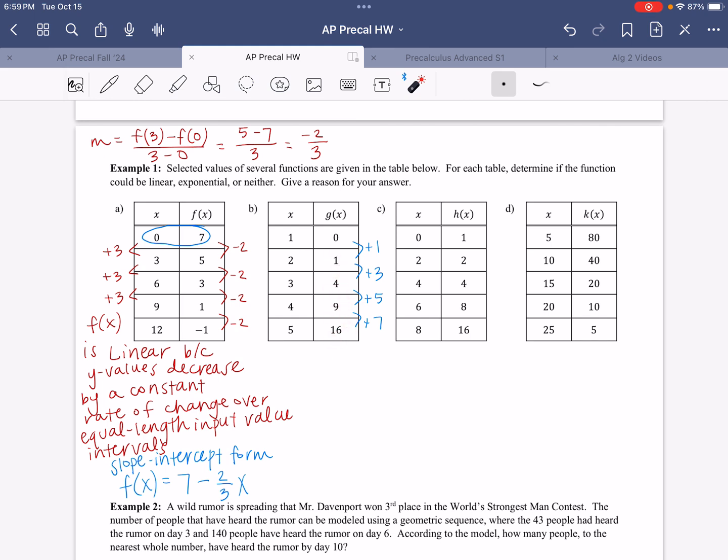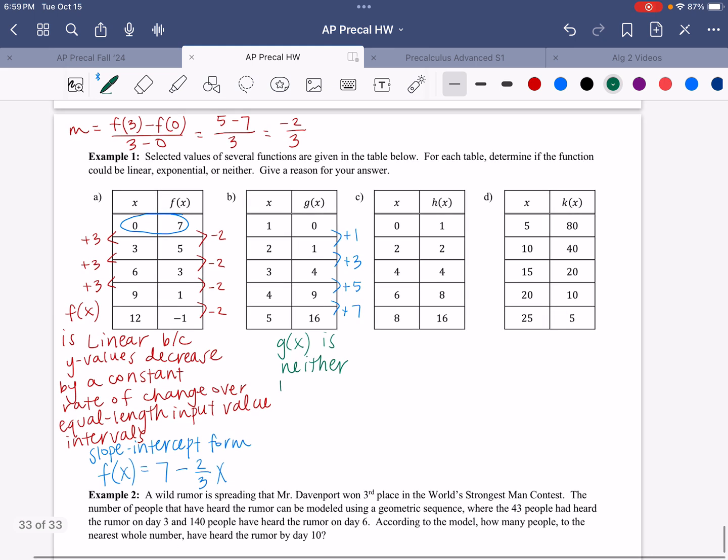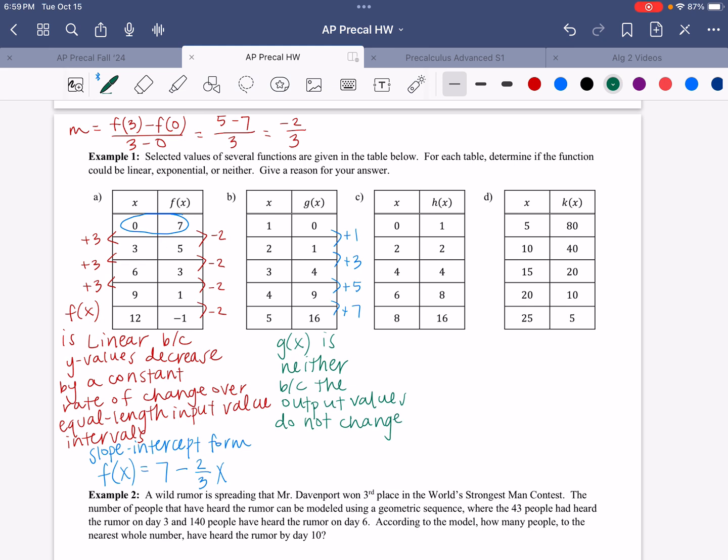So I think we have determined that g of x is neither, because the output values do not change at a constant rate or proportionally.